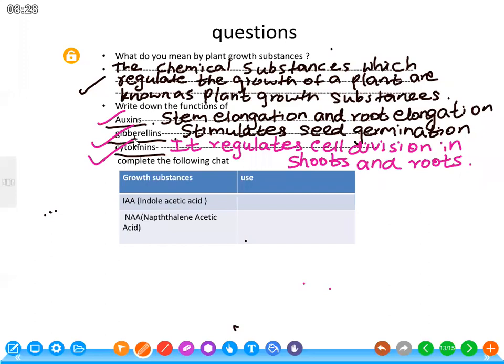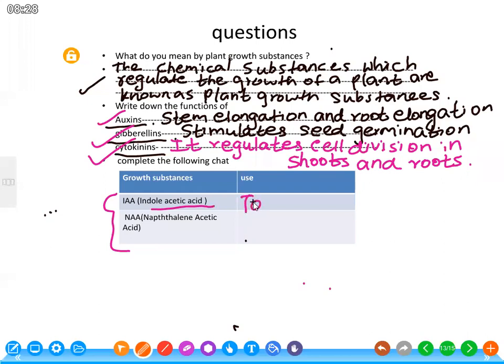Then, complete the following chart. Right, here you have two growth substances and their uses. IAA, indole acetic acid. What is the use?